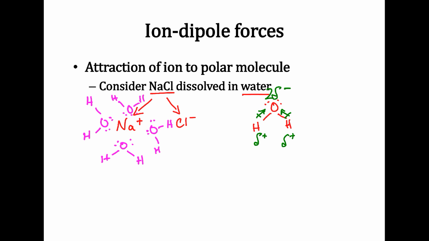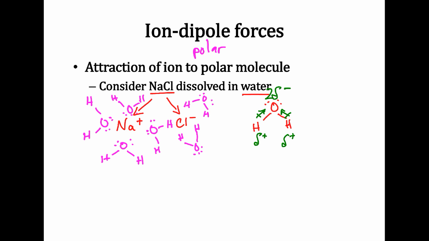Whereas for our anion chloride, chloride has a negative charge, so it could interact with the partial positive charge on the hydrogens of the water molecules. So we'll actually see ion dipole forces. So ion means you have an ion, and dipole means you have a polar molecule.